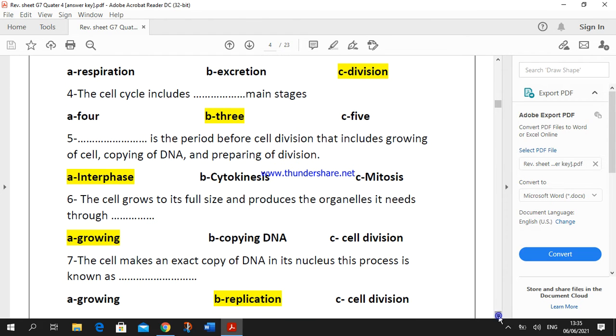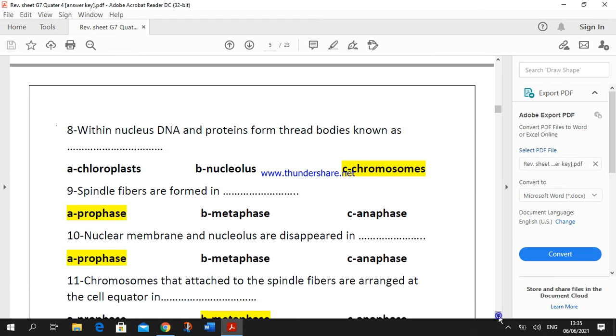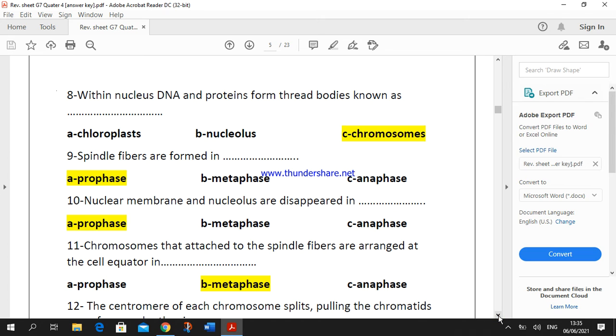6, the cell grows to its full size and produces the organelles it needs through growing. 7, the cell makes an exact copy of DNA in its nucleus, and this process is known as replication. 8, within the nucleus, DNA and the proteins form bodies known as chromosomes, okay?